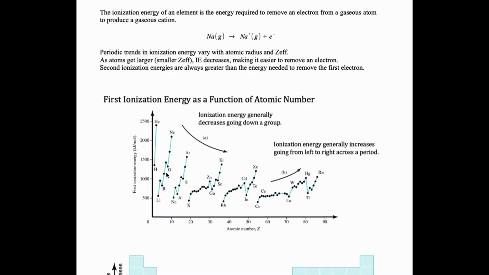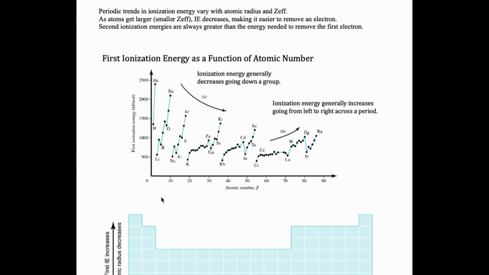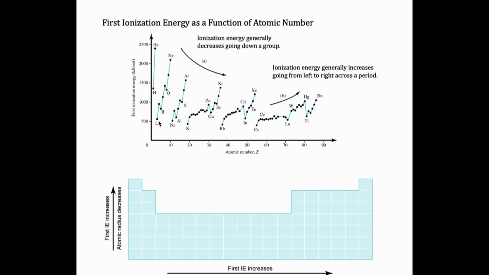The first ionization energy for various elements is shown below. As you can see, there's a periodic trend to it. Atoms which are on the left side of the periodic table have the lowest ionization energies, and atoms which are on the right side of the periodic table have the highest ionization energies.